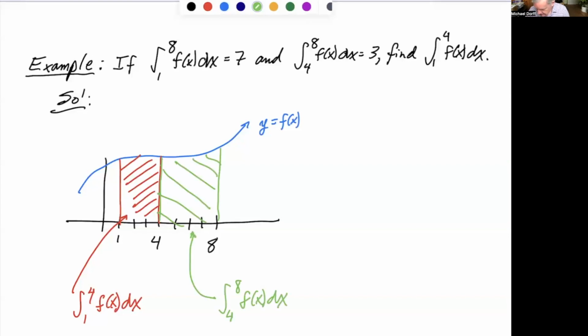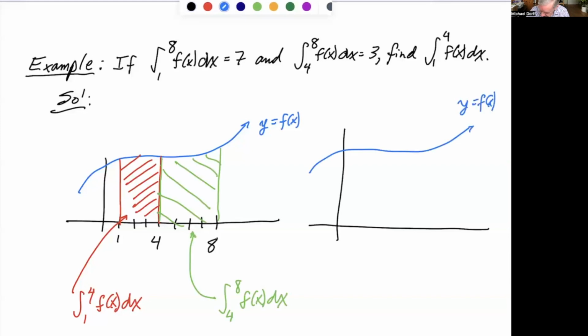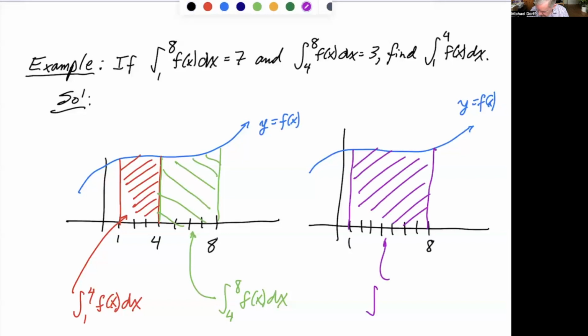And if I draw this over here, same graph, y equals f of x, from 1 to 8, that area there represents the integral from 1 to 8 of f of x dx.